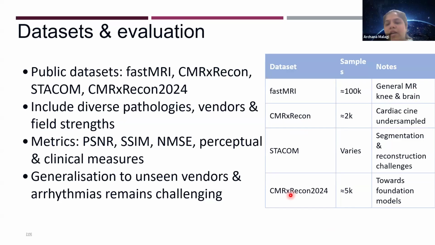CMRxRecon and CMRxRecon 2024 are used for training a foundational model, where different vendors as well as different imaging contrasts are available. And there is SCMR, where there are different sets of images used for segmentation and reconstruction challenges as well.